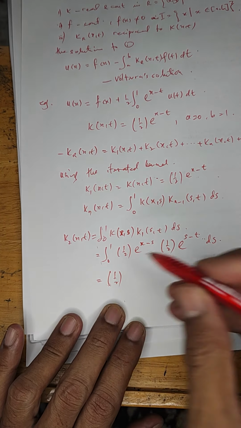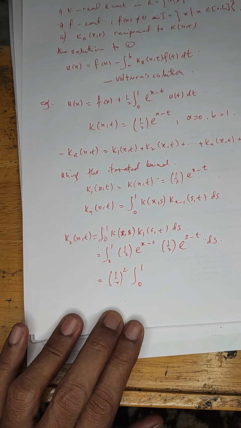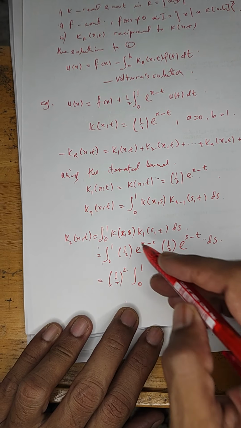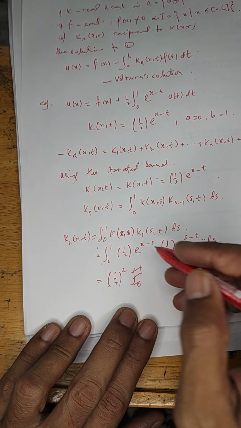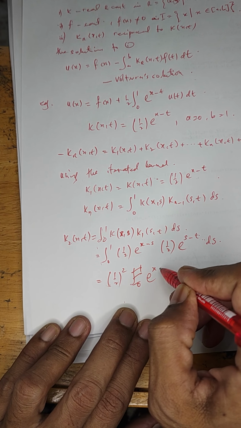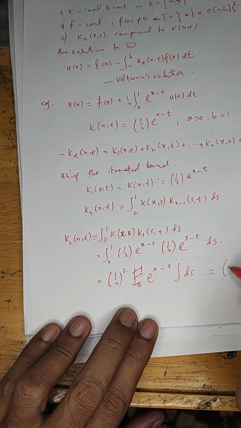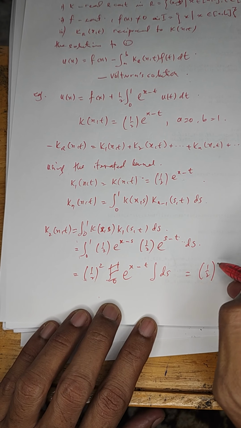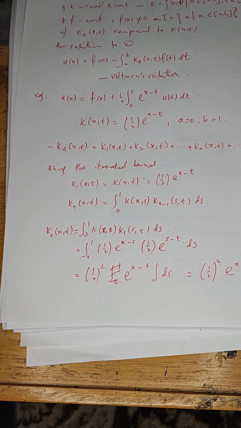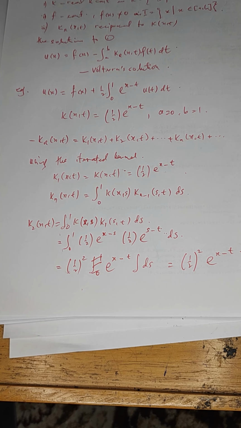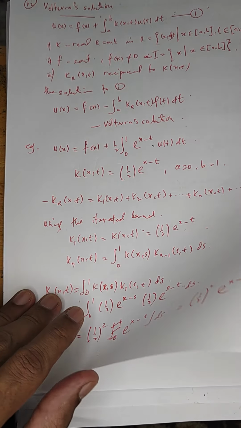So the integral from 0 to 1, I can take out anything that is free of s, so we have e^(x-t), then integrate ds. This gives you half squared e^(x-t).